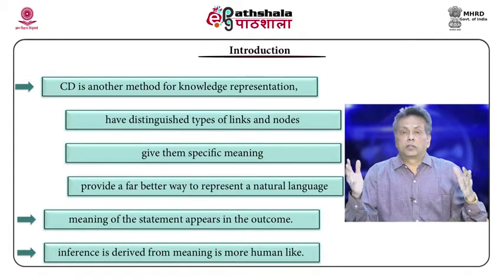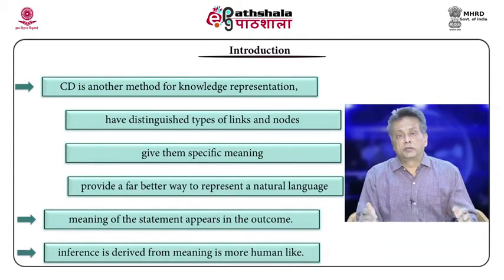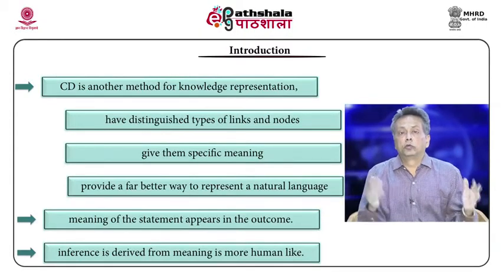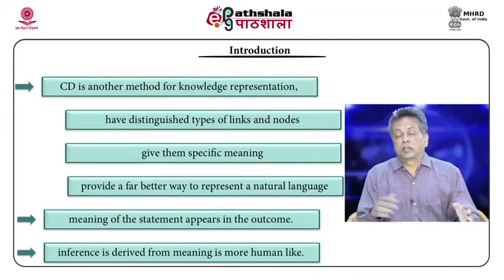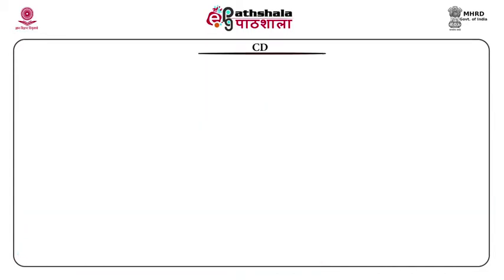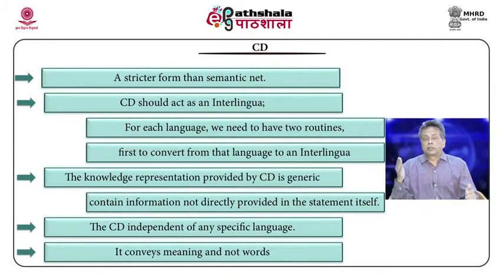It is about having some predefined primitives and predefined links to be used for representing general English statements and any other language statements. One of the great things about CD is that it becomes language independent once you convert the statement into CD. It can also be used as an interlingua. So, if you convert an English statement into a CD form, that CD form can be converted to any other language.